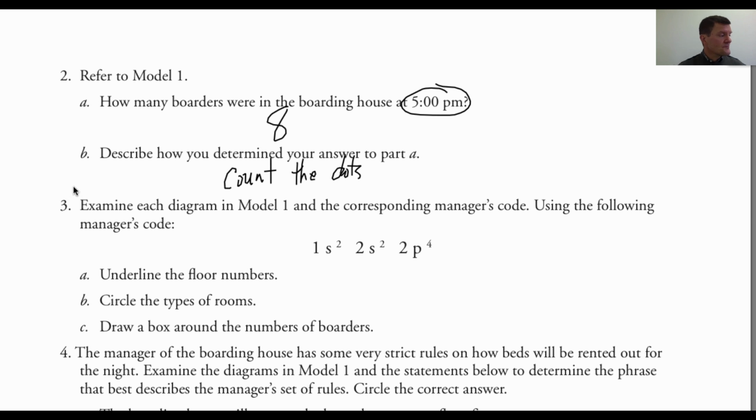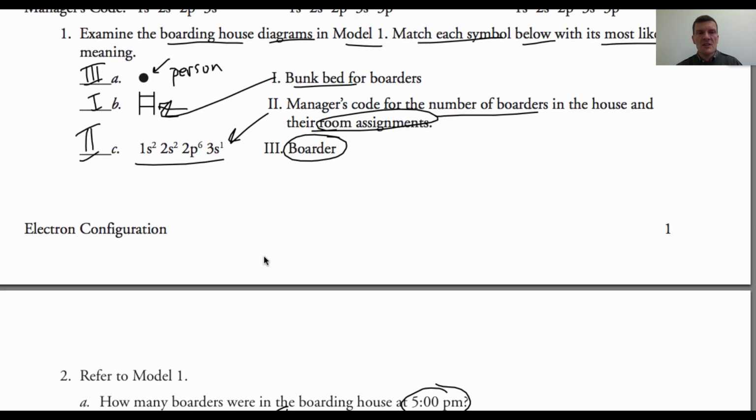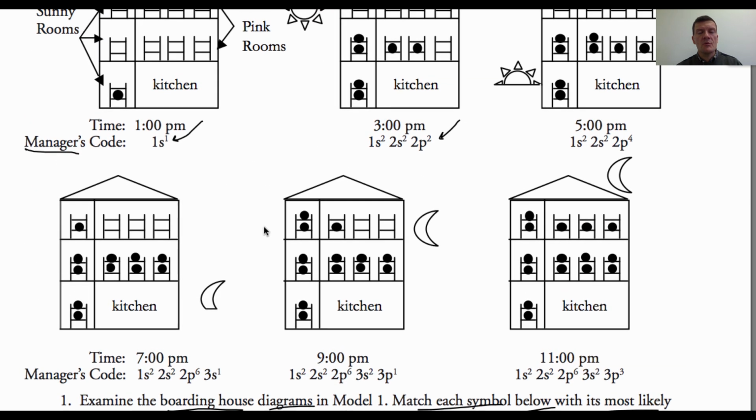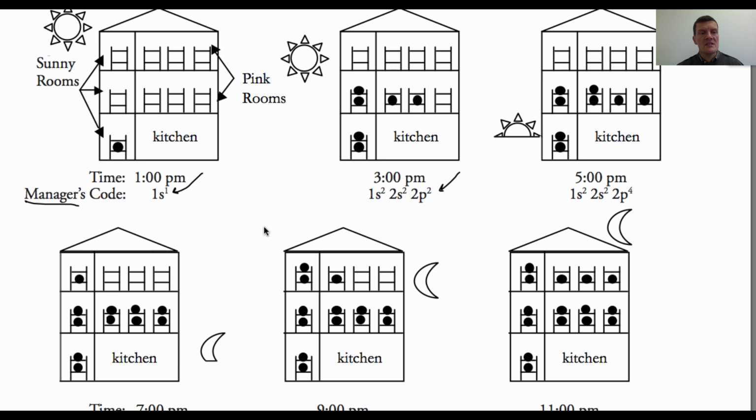Question number 3. Examine each diagram in Model 1 and the corresponding code that the manager is using. Using the following manager's code. Here is an example of the manager's code. Underline the floor numbers. So let's look a little more closely at the code and how it relates to the arrangement of beds.